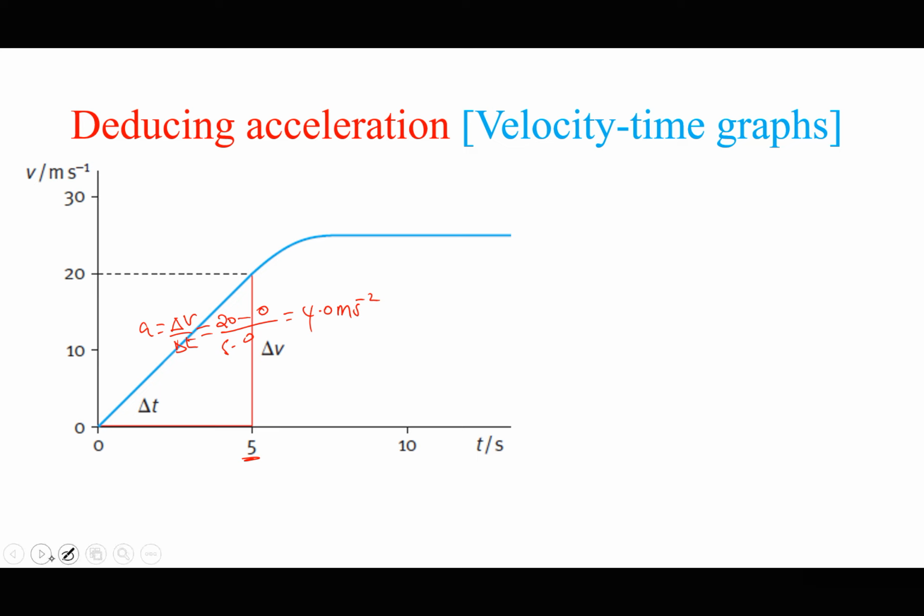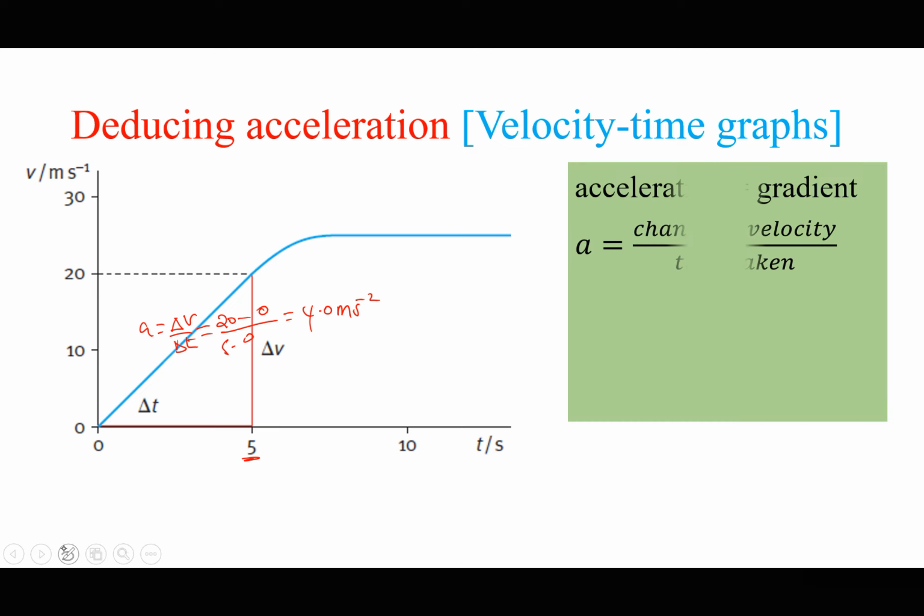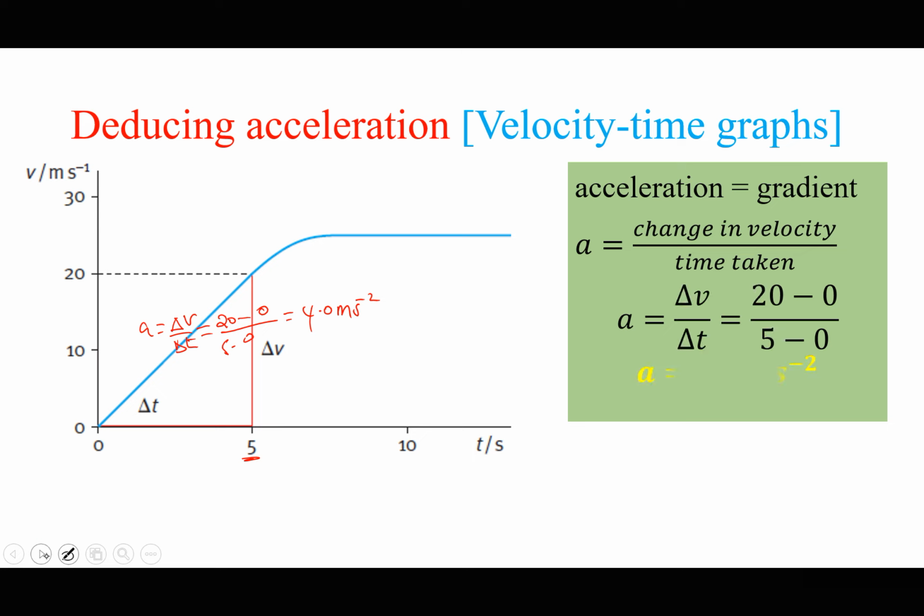So the acceleration is simply the gradient, which is the same as the change in the velocity divided by the time taken, and when we substitute, we get 20 minus 0 over 5 minus 0, which gives us 4 meters per second squared.